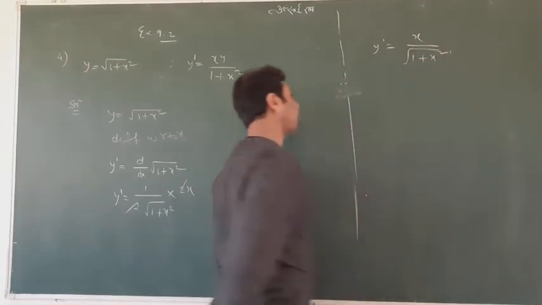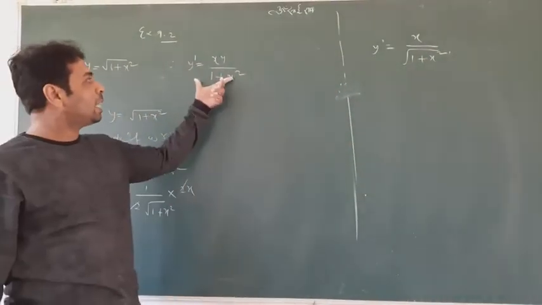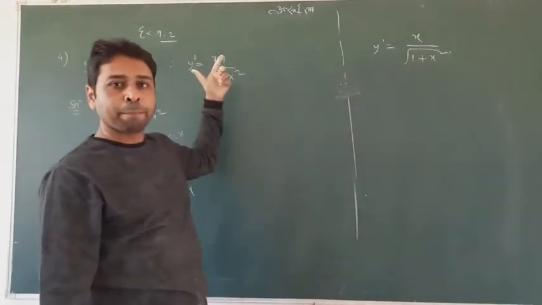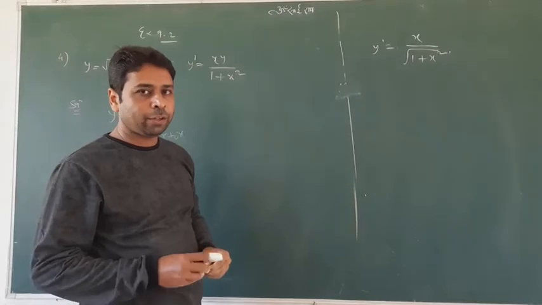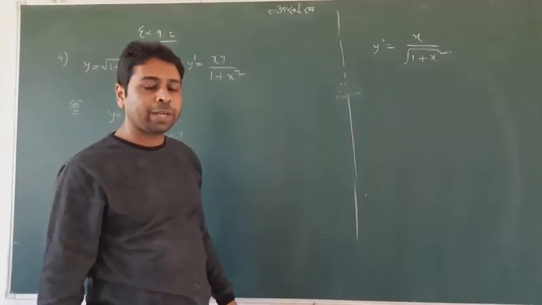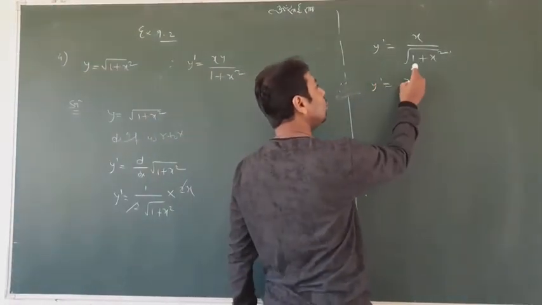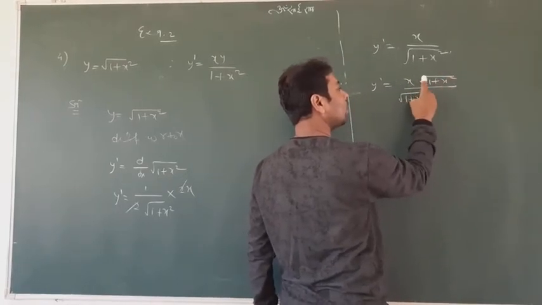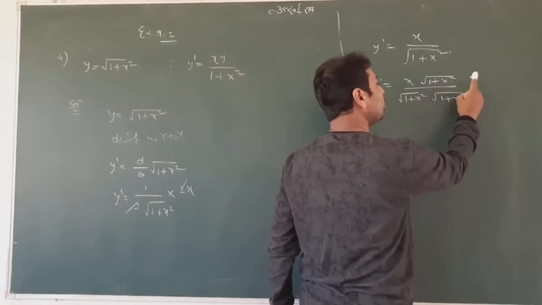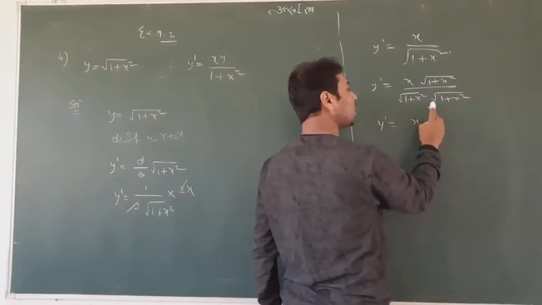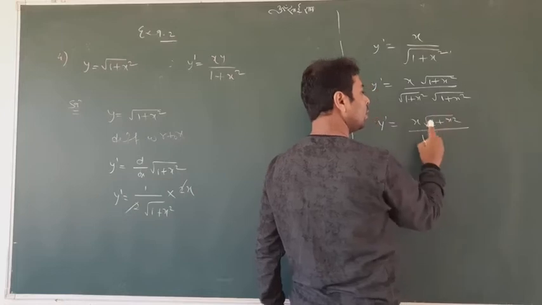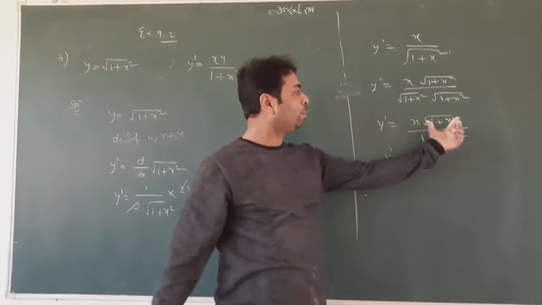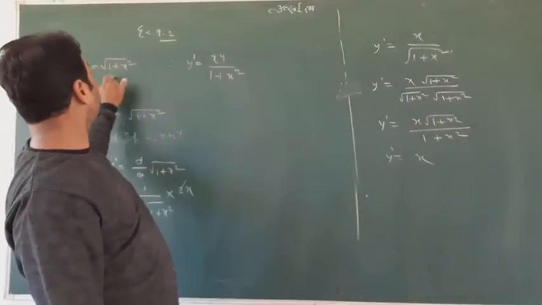Now look at it. Have we got the same term here? No, we are not having the same term. But we can create it. I don't want to take the left hand side, we can create it from here. Multiply and divide by 1 plus x square. And a very good thing is coming, that 1 plus x square is actually equal to y.